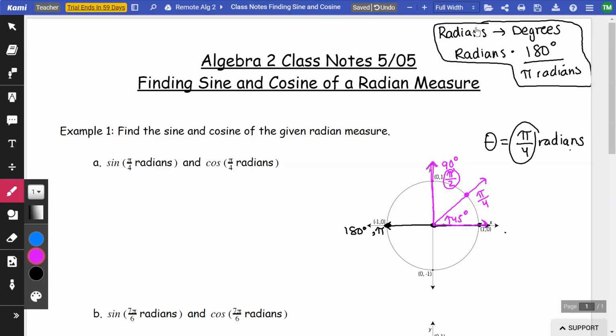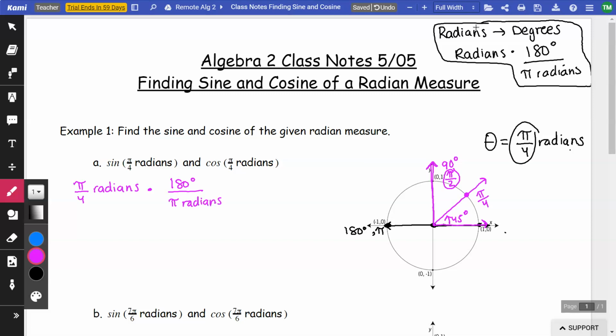Now that was a complicated way of explaining and connecting pi over 4 to 45 degrees. We could have just converted pi over 4 radians into degrees. So pi over 4 radians times 180 degrees over pi radians.